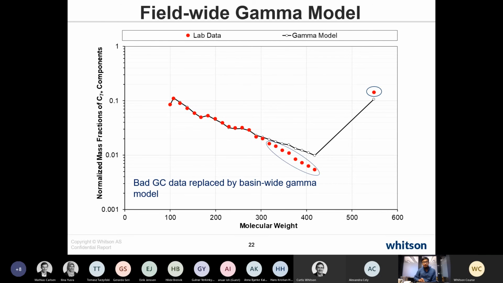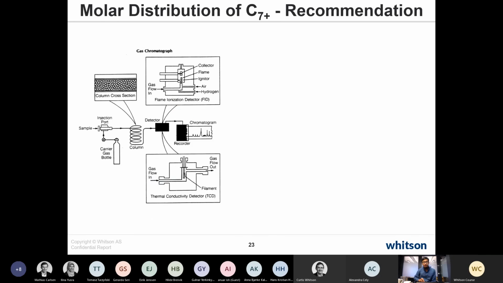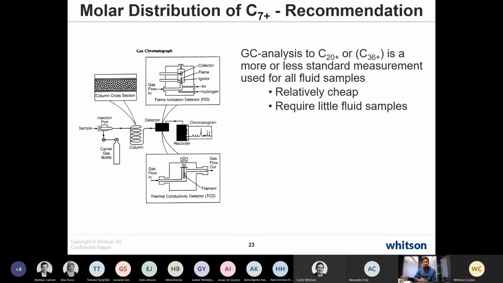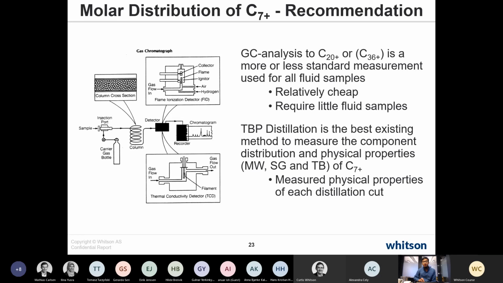Good. So the molar distribution model, the gamma distribution model, can be developed from GC analysis, if you have GC analysis until C36+, for example, which is relatively cheaper compared to the DPP distillation.